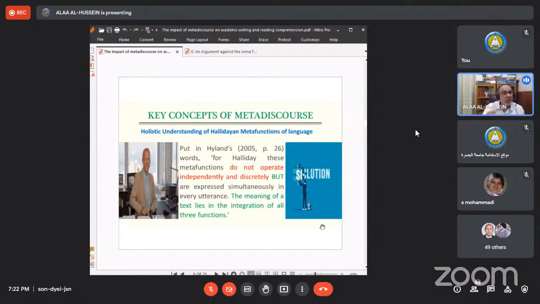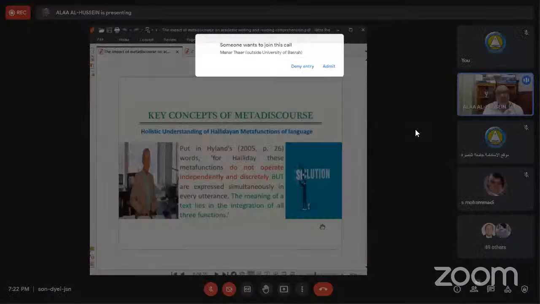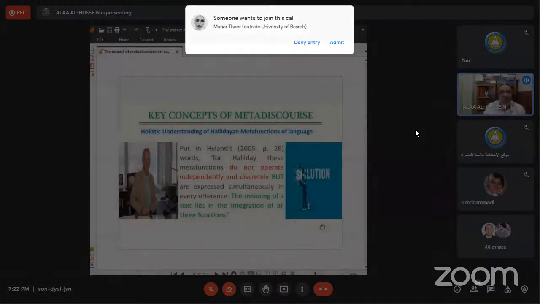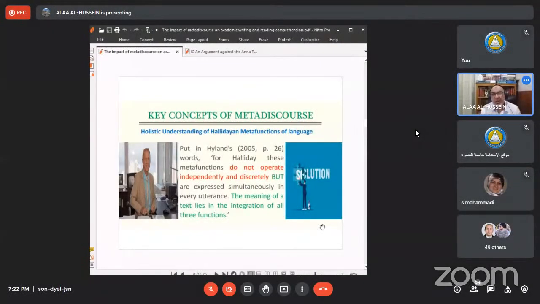Sometimes I refer to these meta-discourse, but not all of them, to give you an example of how meta-discourse works here. So for Halliday, these meta functions don't operate independently and discretely, but are expressed simultaneously in every utterance. The meaning of a text lies in the integration of all three functions.